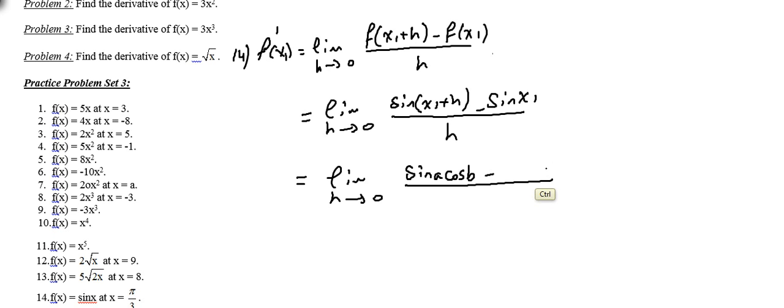Let me do it again. It's sine a, where a here is x1, cosine h, plus sine h cosine x1, minus sine x1, over h.